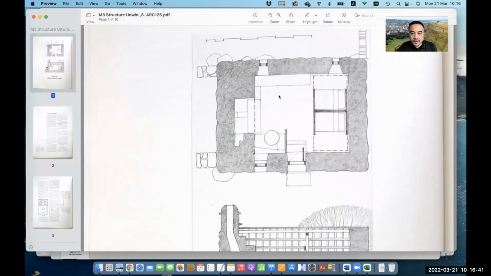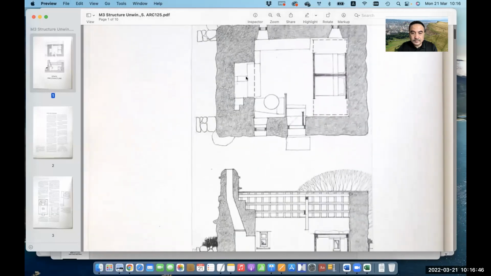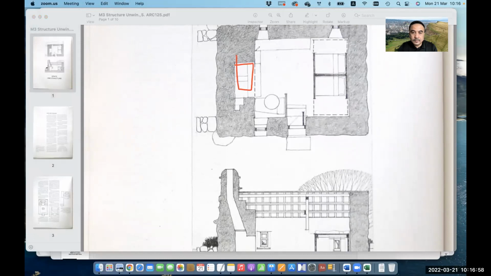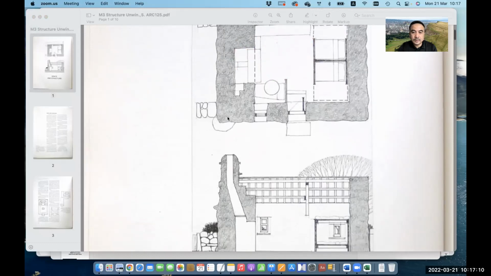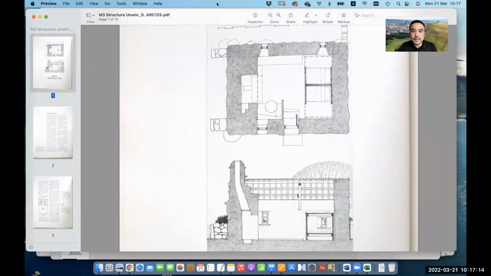You see, we have a main space in the middle here. This is the fireplace.